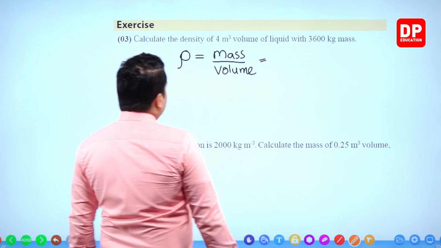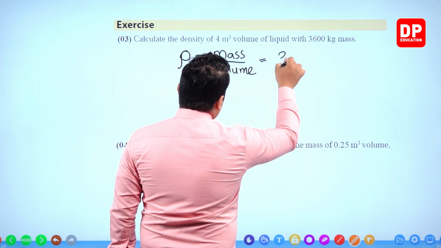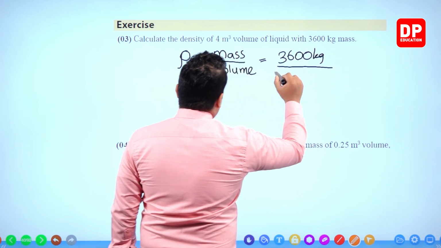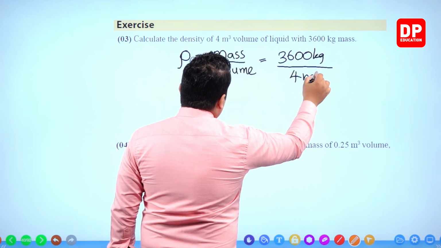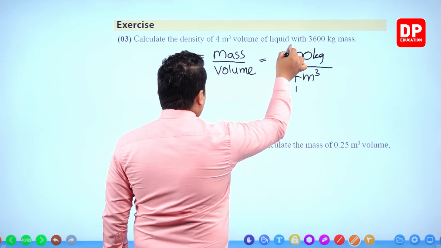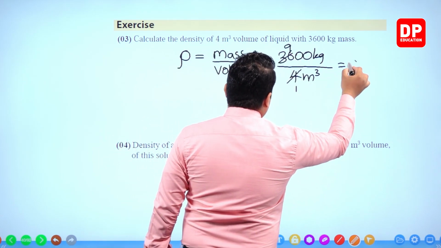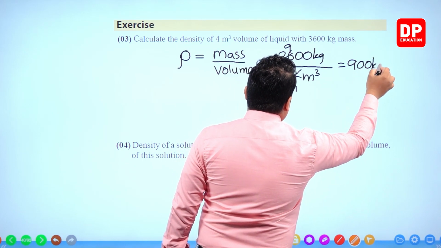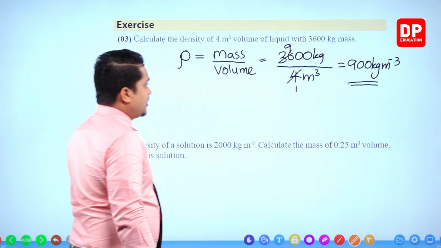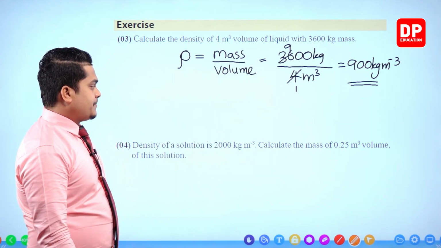Then mass is given how much? 3600 kilograms. Division 4 cubic meters. You can cut this thing, here 1, here 9. So our answer is 900 kg m to the power negative 3. 900 kilograms per cubic meter.